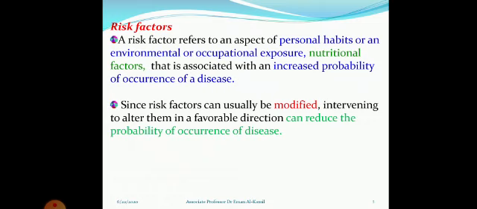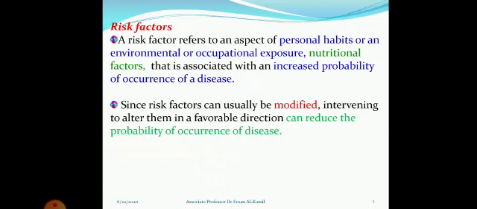The risk factor refers to an aspect of either personal habits, for example, eating habit, physical activity, or lifestyle factors, smoking, alcohol drinking, drug abuse, or it could be an environmental factor such as radiation or heat or noise or pollution, air pollution or water pollution, or occupational exposure. There are certain occupations regarded as risky for people, such as doctors. They are at risk of a large number of diseases they are exposed to during their occupation. The most important one is cross infection, for example.